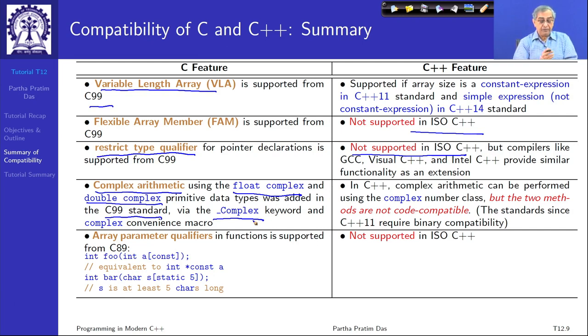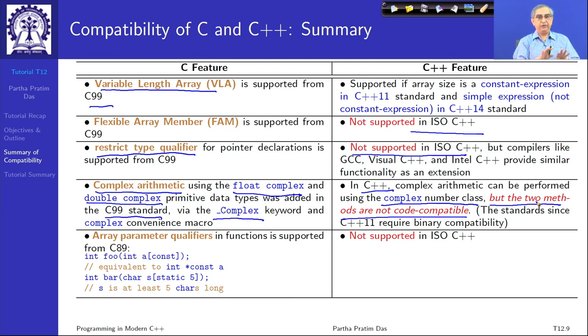In C, complex is a part of the language now from C99, but in C++ it is not built in. Using the complex number class, which is provided in the STL, you can do it, but both these methods of how it works in C and how it works in C++ are not compatible.